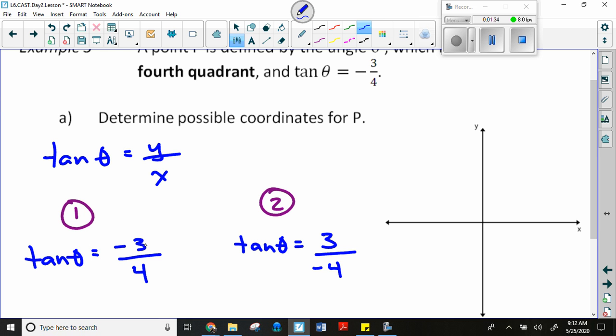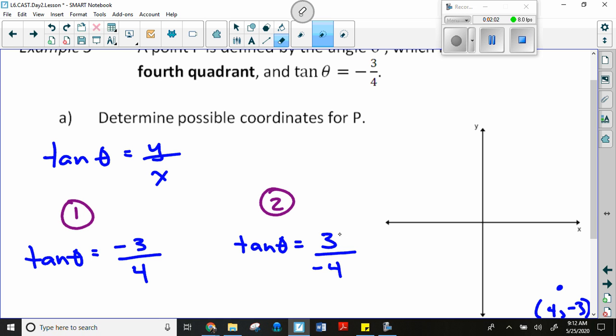Remember, it's y over x, and we use a y value of negative 3 and an x value of 4. Well, an x value of 4 is here and a y value of negative 3 is there. That's a possibility, and that's in the fourth quadrant.